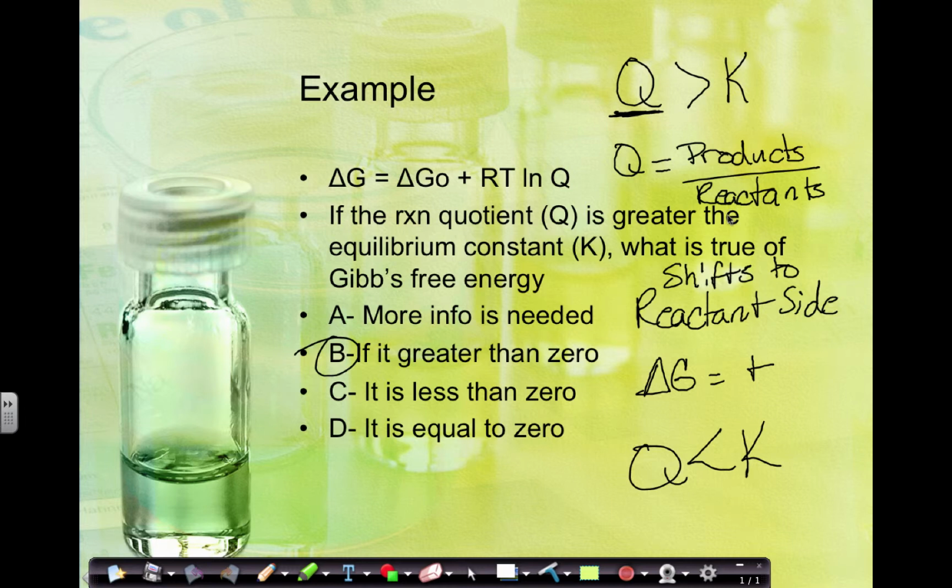So that means I need to shift to the other side and make more products to get rid of the reactants. So if Q is less than K, then that means we're going to shift to the product side, which means that delta G will be negative. It's spontaneous at that point.